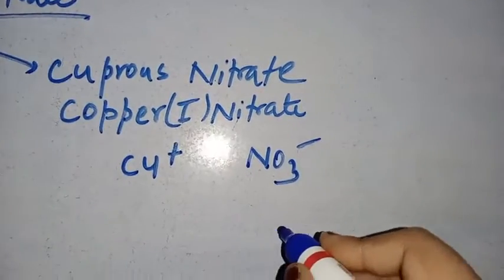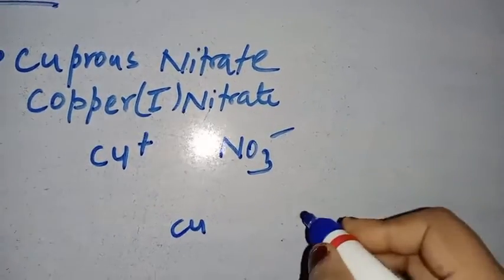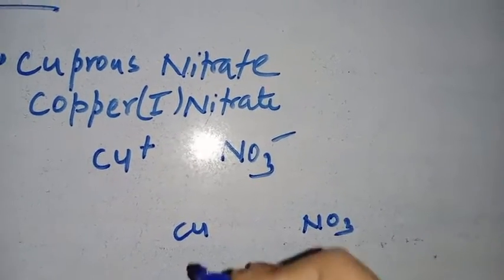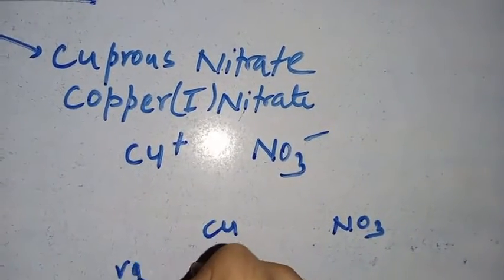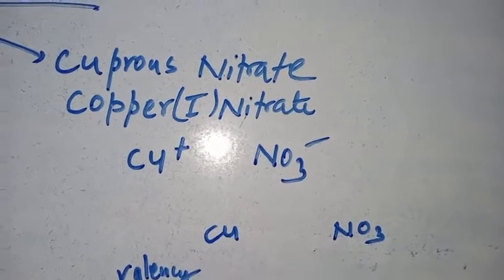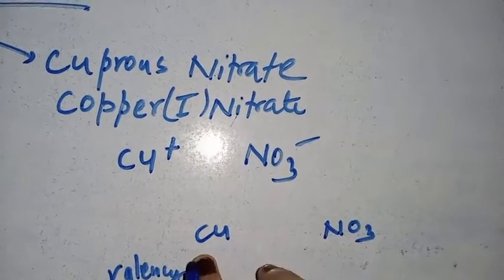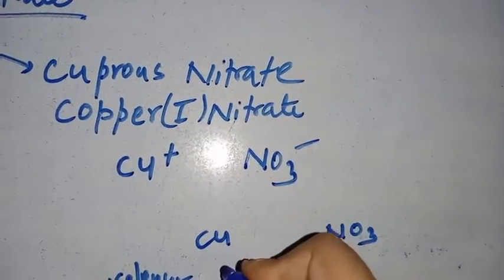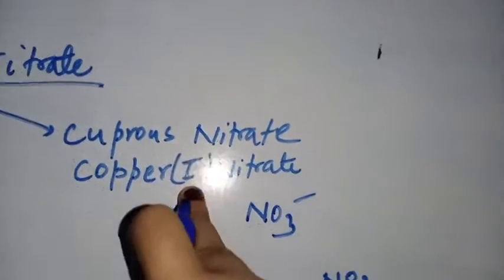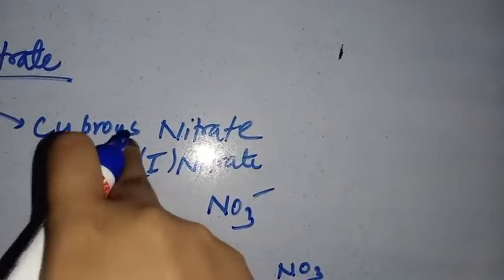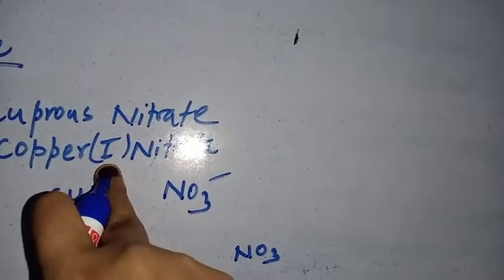So here also, if we write Cu and NO3, the valency of copper will be 1. The 1 indicates it is cuprous, meaning it has +1 charge on it.